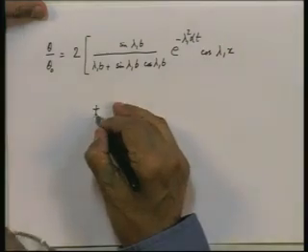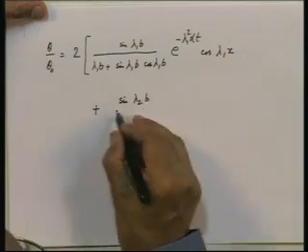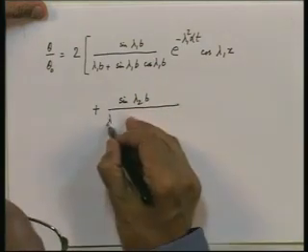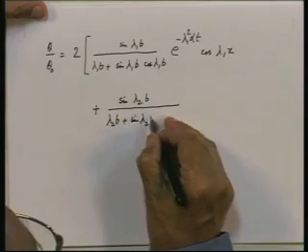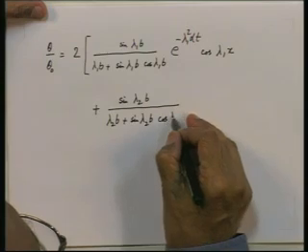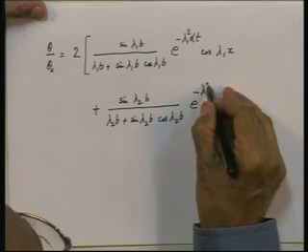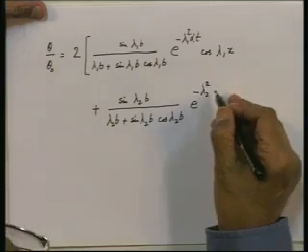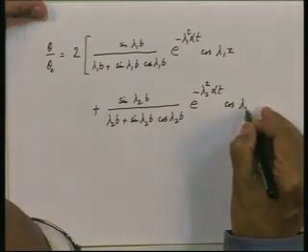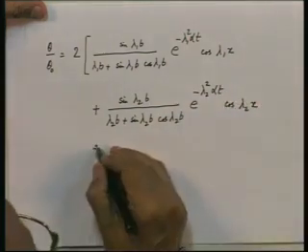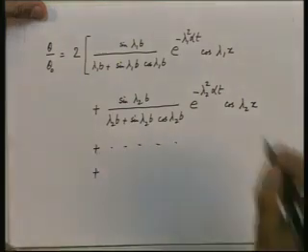The next term of the series will be plus sine lambda 2 b divided by lambda 2 b plus sine of lambda 2 b cosine of lambda 2 b, e to the power of minus lambda 2 squared alpha t, cosine of lambda 2 x, plus so on. Then finally, we will get an nth term, and we can go on.